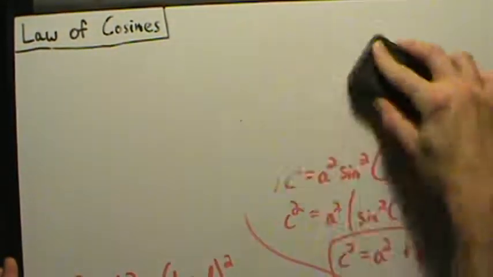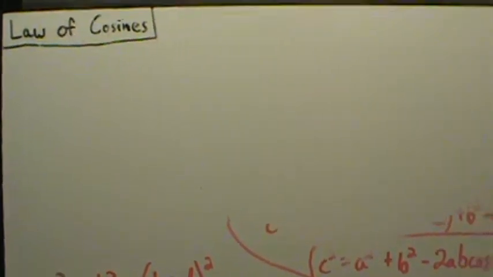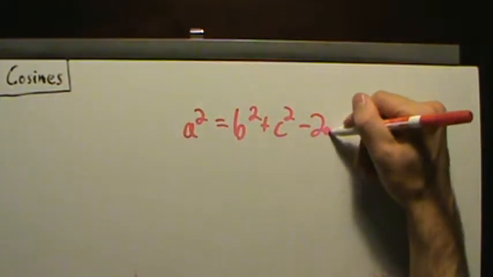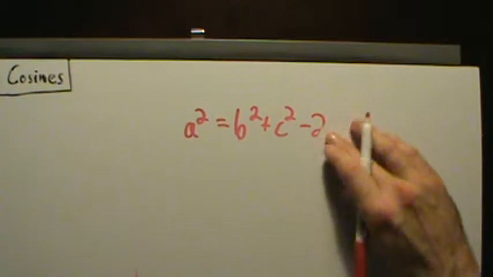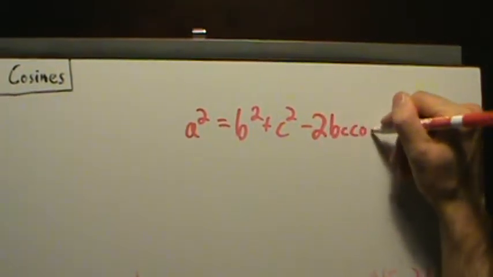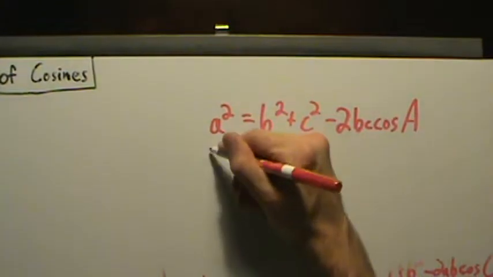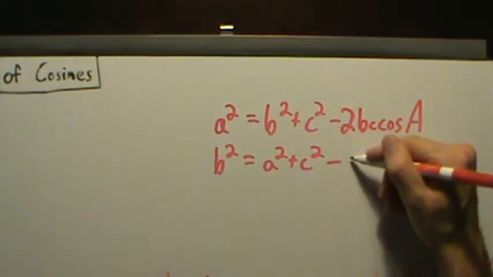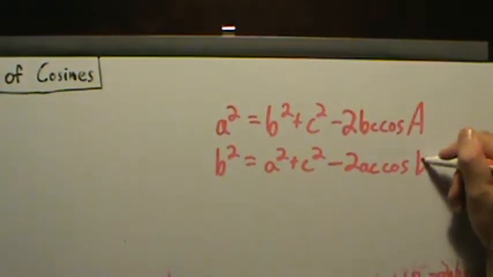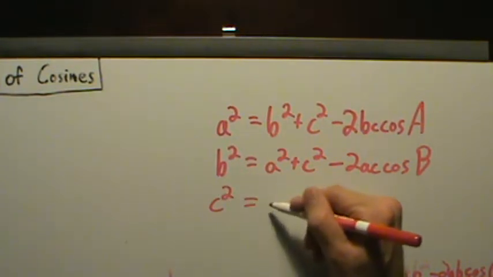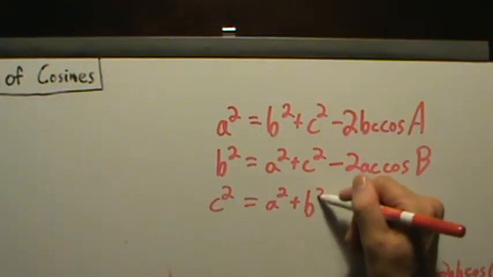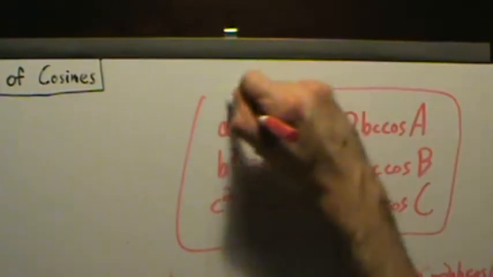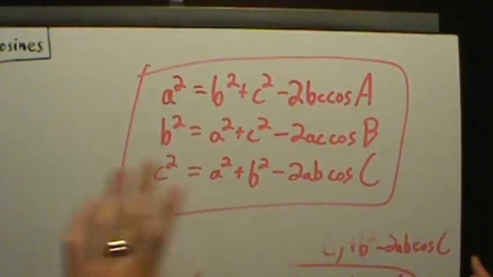So that's pretty much it for the law of cosines, and let's rewrite what they all say just to be thorough. So just to recap, it's a squared equals b squared plus c squared minus 2bc cosine of capital A. B squared equals a squared plus c squared minus 2ac cosine of capital B. And lastly, little c squared equals little a squared plus little b squared minus 2ab cosine of capital C. Okay, so that's the three equations for the law of cosines.